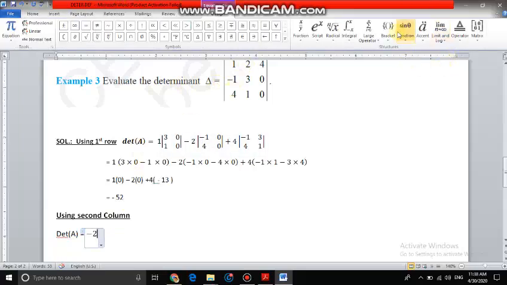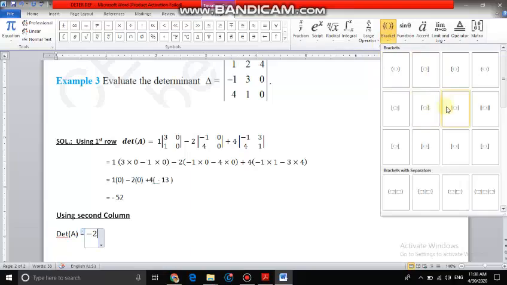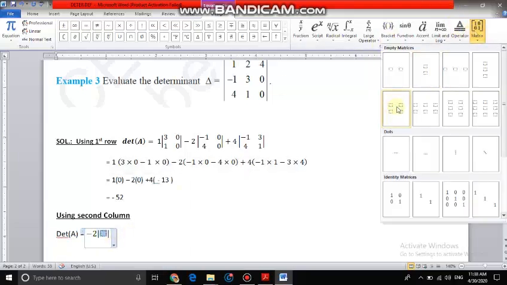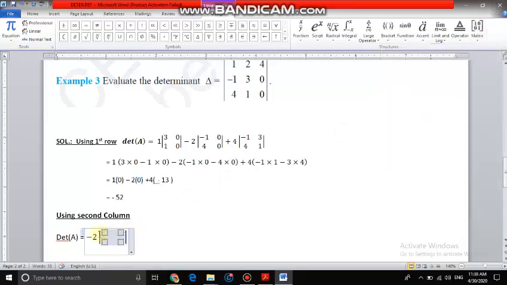insert equation. This is taking time. Just let me copy now so that I don't need to insert again and again. So this is 2. If I exclude the corresponding row and column, I am left with minus 1, 0, 4, then 0.